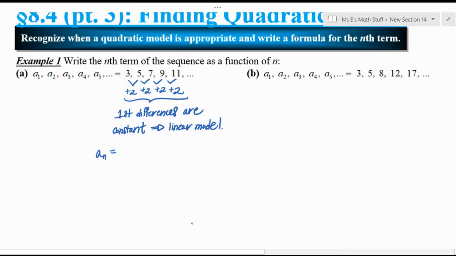Anyway, you could just say a times n plus b. Maybe I don't want to use a there. Let's use m times n plus b. There you go, like mx plus b, but instead of x, you have an n.